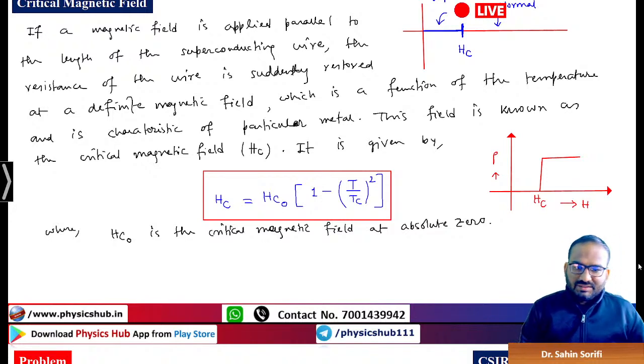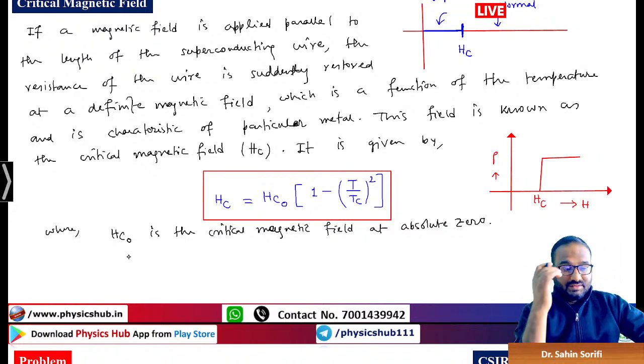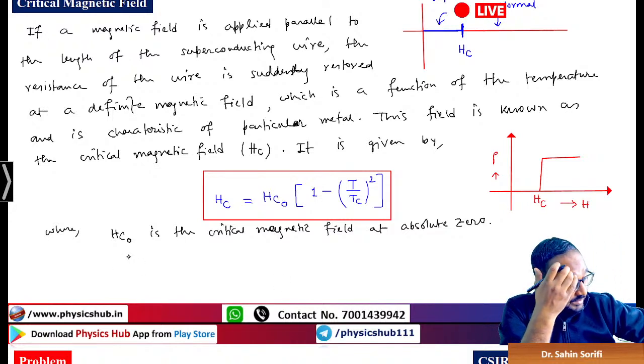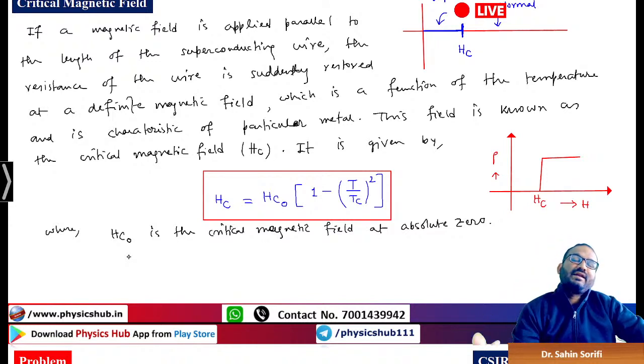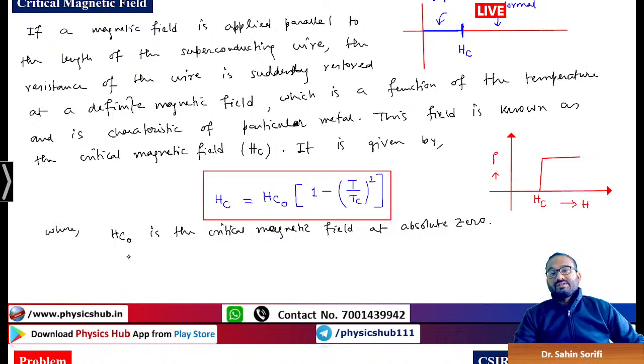Now can you tell me one thing, if magnetic field is applied, the critical temperature will decrease or increase? If there is no magnetic field, you have got Tc.